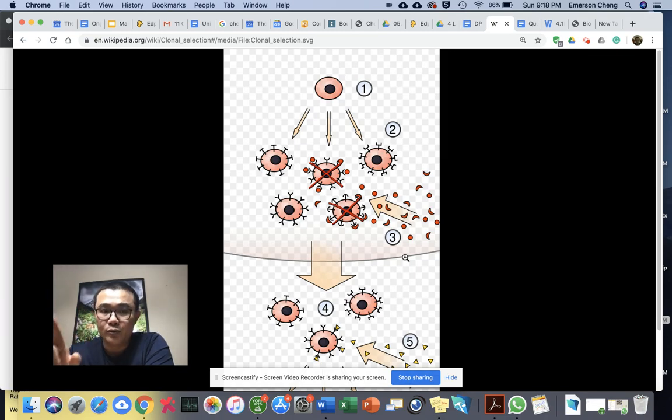Okay, this is from your own self. So any lymphocytes that will be specific against your own self antigen will be eliminated. So those will be selected against. It's a mechanism to protect yourself from autoimmune disease.